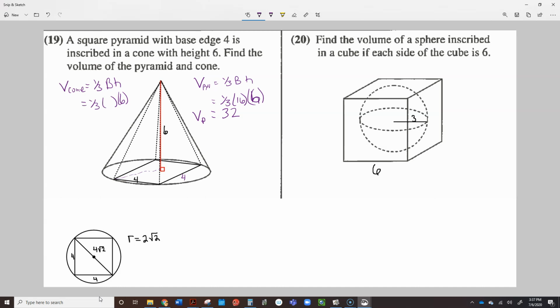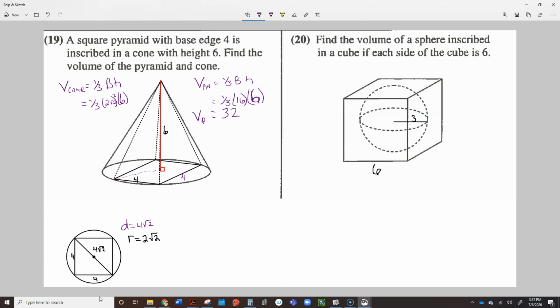And the square, each has a side length 4. So this is a 45-45 triangle. So if these two legs are 4, then the hypotenuse is 4 square roots of 2. Well, the hypotenuse is the diagonal. So the diagonal is 4 square roots of 2, so the radius is half of that. So the radius is 2 square roots of 2.